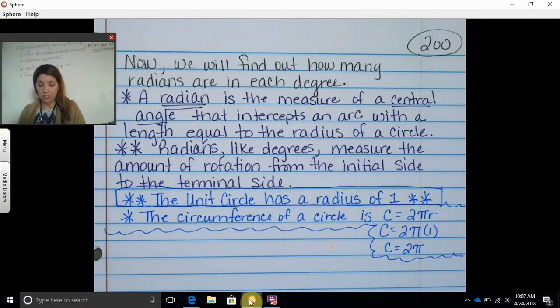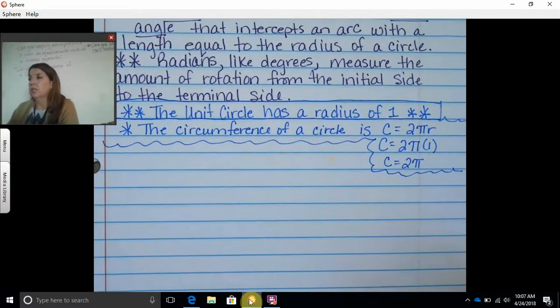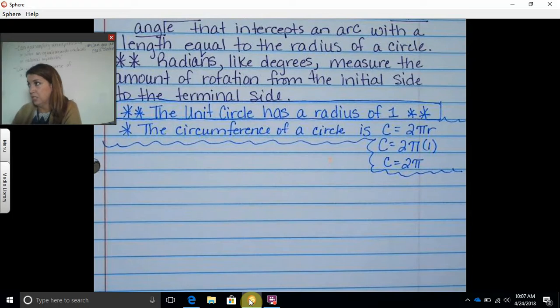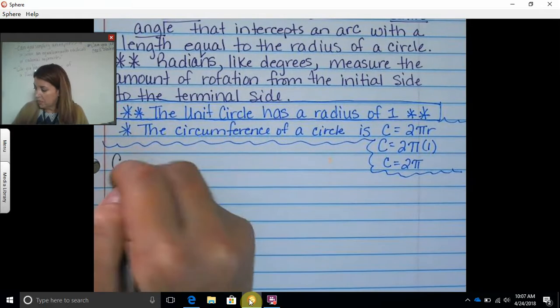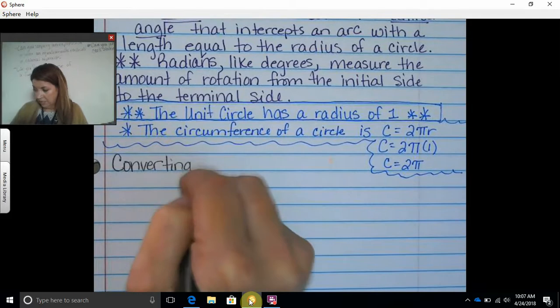All right, now let me show you how to convert degrees to radians. And there's a couple different ways that you can do this. This is just one. So if you see a formula that's different than this one, it's not that it's wrong or mine's wrong. There's just a couple different ways that you're going to see it. Okay, but what we're going to use is this formula.